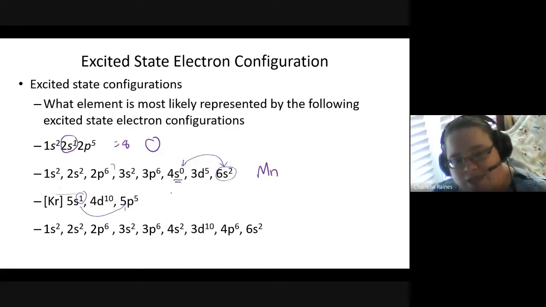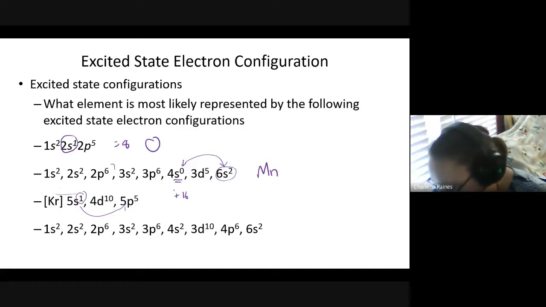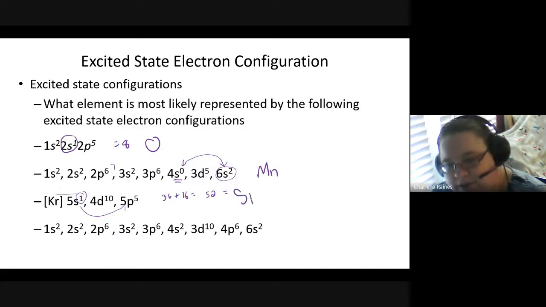Either way, I need to know how many electrons we have, so I can see that there are 16 by adding up the exponents. But I have to remember that krypton abbreviates 36 of them. So element number 52 is antimony. Antimony, which, yes, its name does not match its symbol.